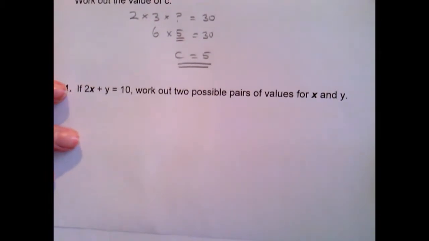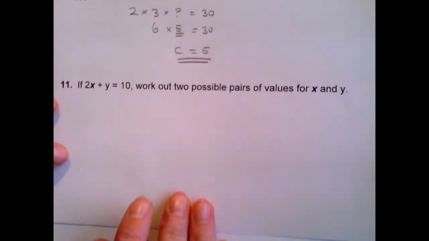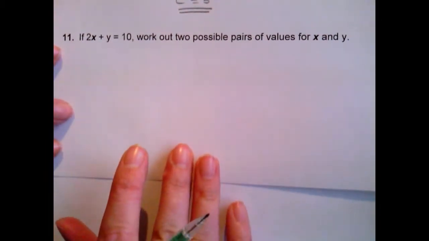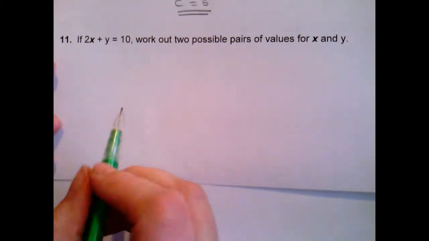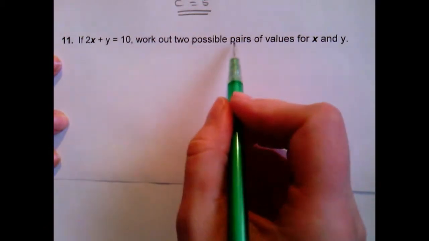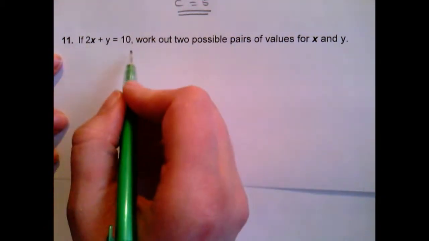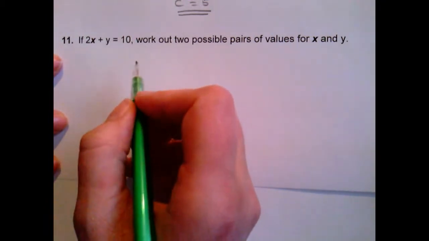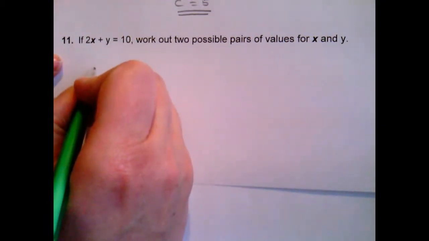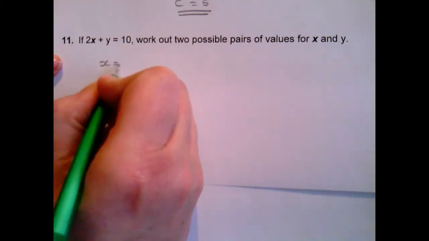Number 11, if 2x plus y equals 10, work out 2 possible pairs of values for x and y. So they're wanting you to make up your own numbers here for x and y, which means that there'll be loads of different combinations that you could use. So I'm going to start off with putting x equal to 1.